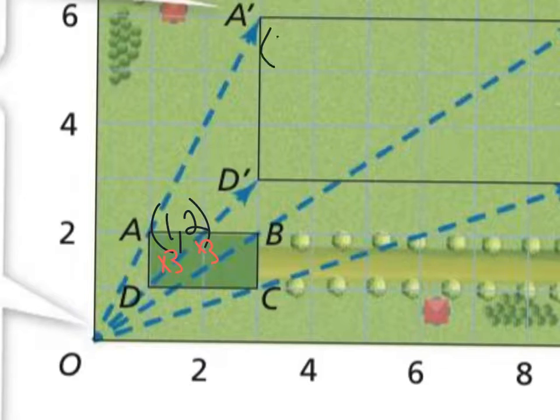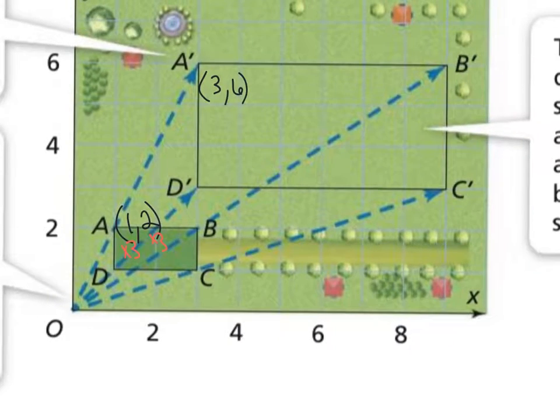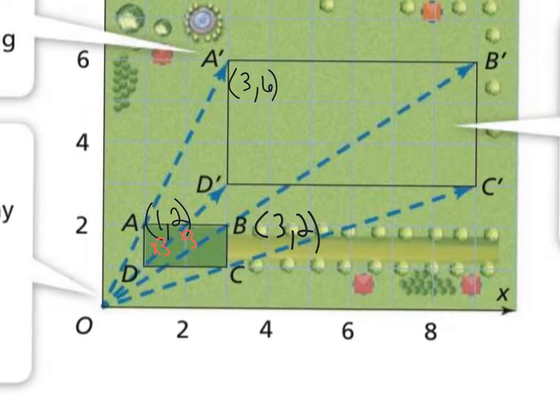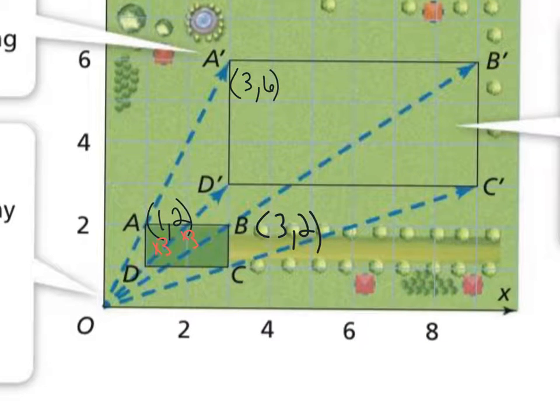So if you'll notice, A prime is at the point 3, 6. That wasn't just a random thing of them scooting it over to the side. They actually had a method behind how they did that. B right now is at 3, 2. If we multiply those both by 3, that's going to take us to 9, 6. So 9, 6 you can see up here.